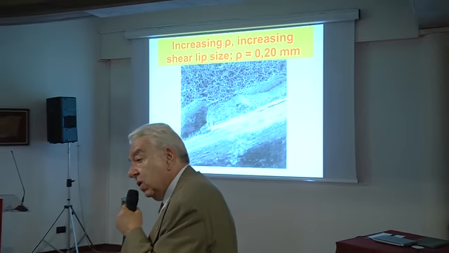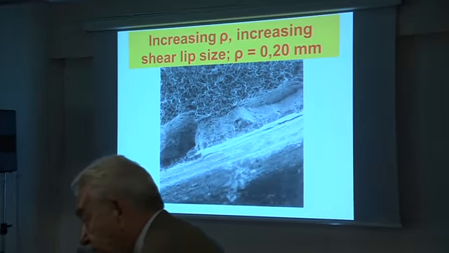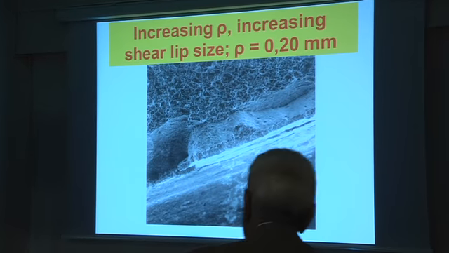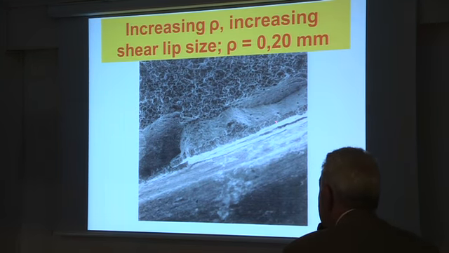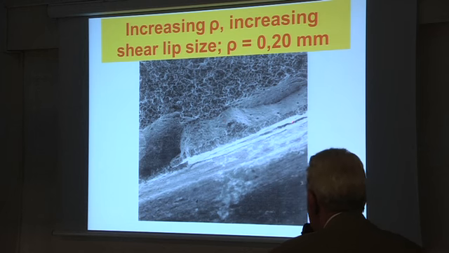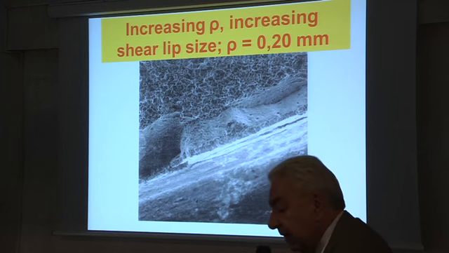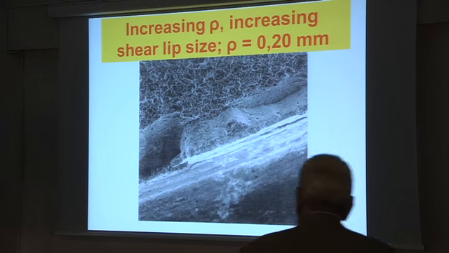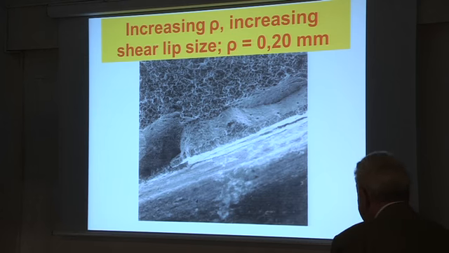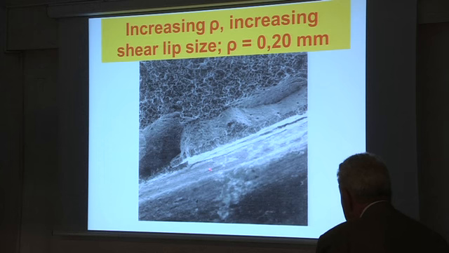When you go to a larger notch root radius, you see slip lines that follow the different types of fan lines that we were seeing in green, and you see that there is the activation of many of these slip lines.